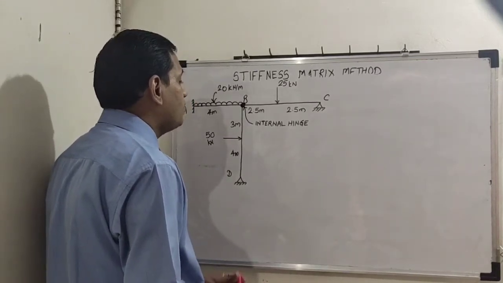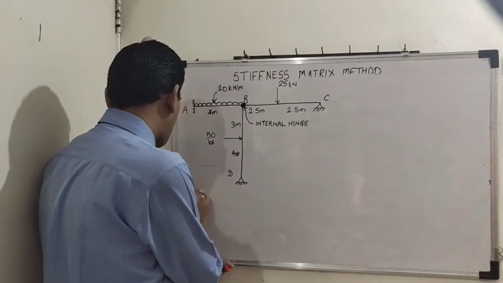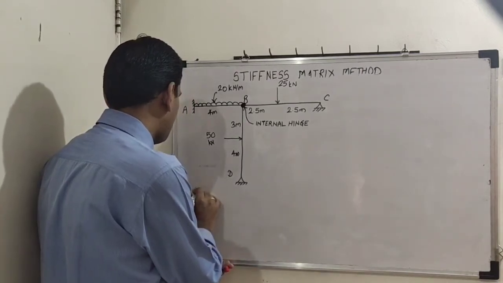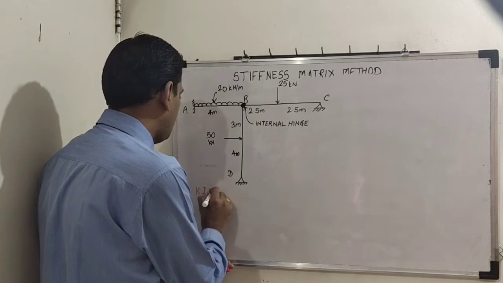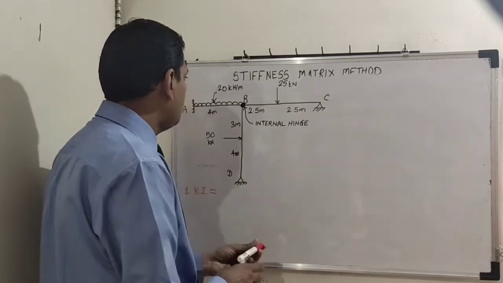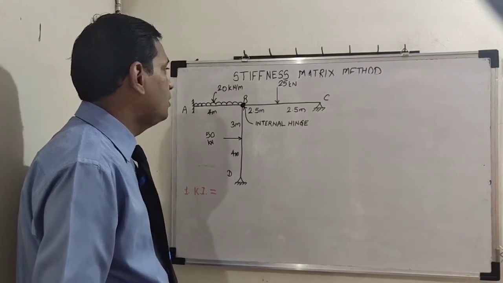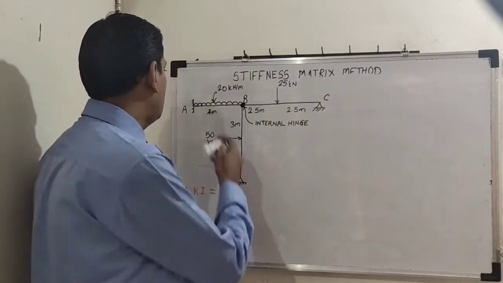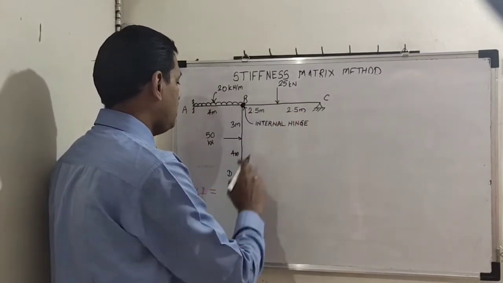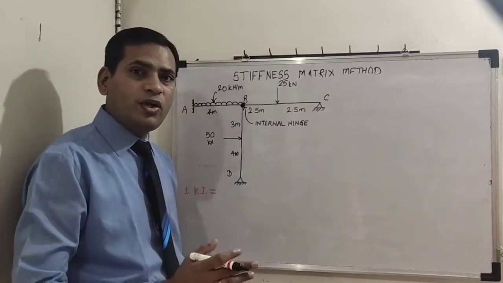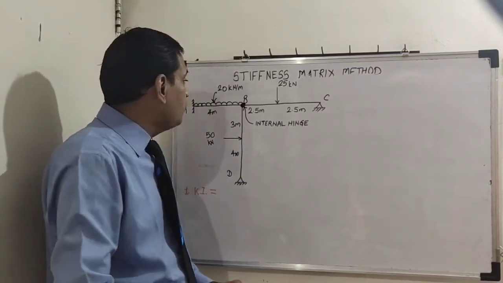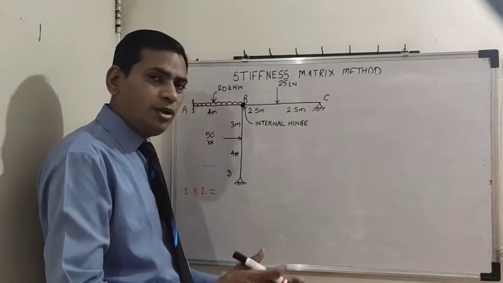Kinematic indeterminacy. So how to find kinematic indeterminacy? Let us see. First of all, see how many joints there are. There are 4 joints: A, B, C, D. Assume each joint without any support.